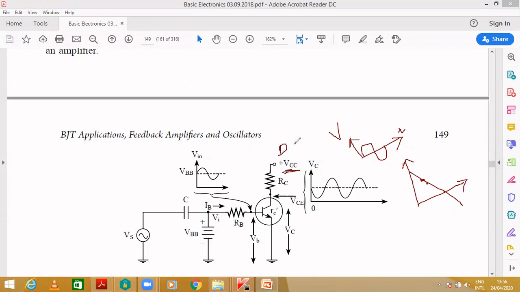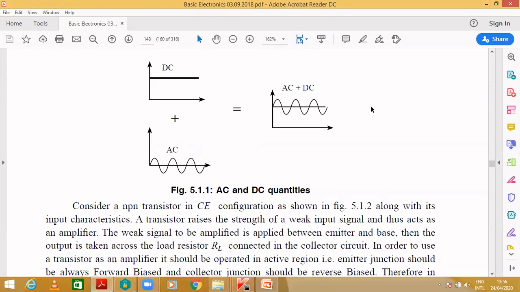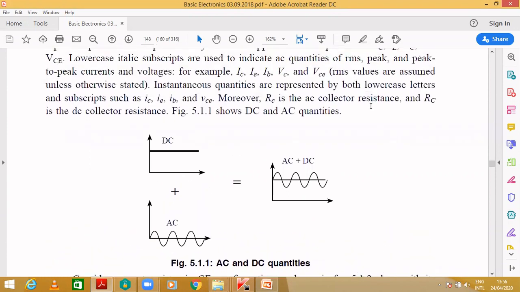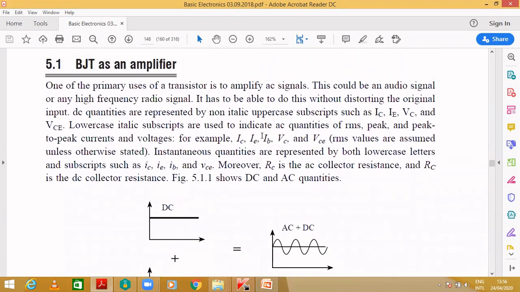So this is just an introduction about why we need DC supply and how I can use a BJT as an amplifier by selecting the appropriate region. Okay, so first let's start. Here you can see some of the terms.